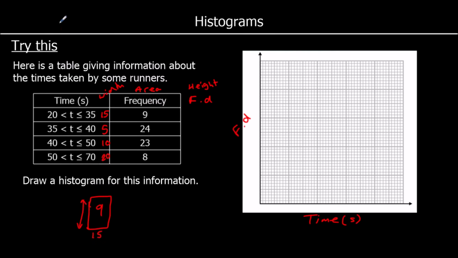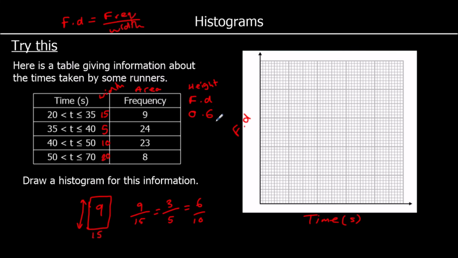You're working out the frequency density. And to do that, we're going to do the frequency divided by the width. So 9 over 15, I can simplify the fraction. They're both in the 3 times table. So it's 3/5, which is 6/10.